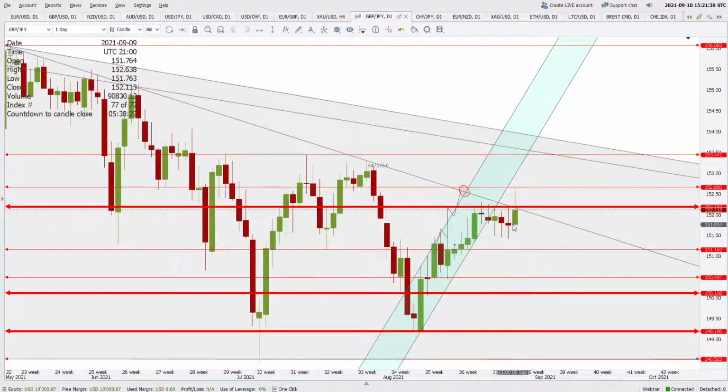GBPJPY, no surprises here. The price was consolidating for the last 3 to 5 days. It was making lower lows, but was not able to depreciate a lot. It did not even test the low at around 151.16, which was the previous support. So the buyers finally took control. They said to the sellers, okay, if you are not trying to go low, we'll try to take you up.